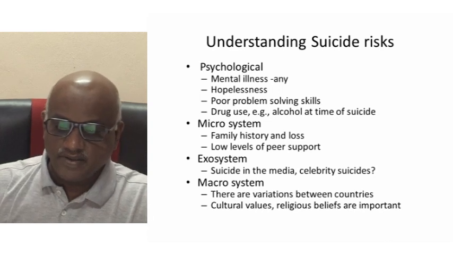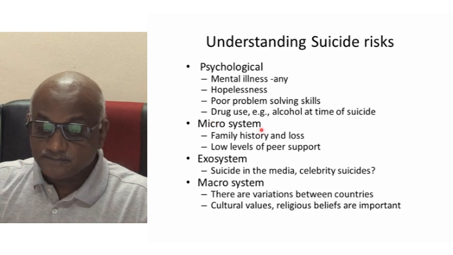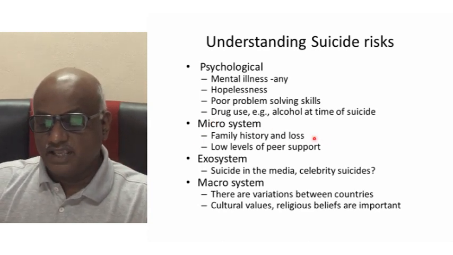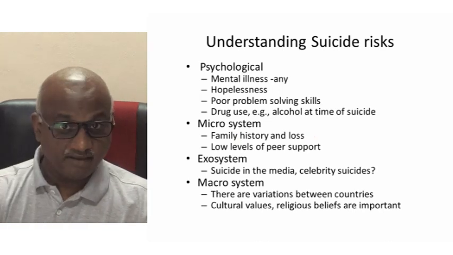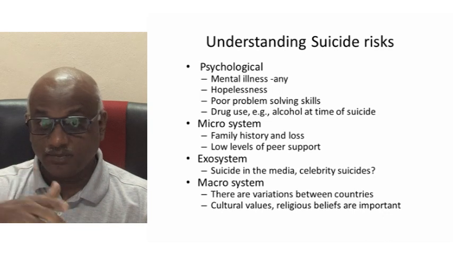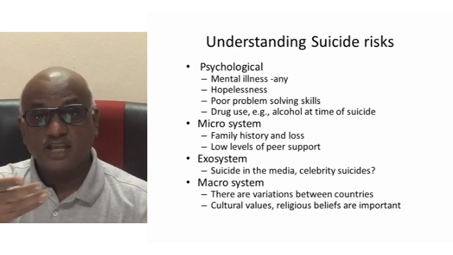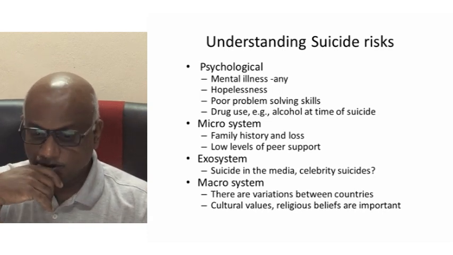Now we have done the psychological aspects, and now going to the microsystem things, family history and loss. If there is a family history of suicide, again, this can be a learned behavior. My father had a problem, my uncle had a problem, and they solved it by committing suicide. Maybe I should do that too. That could be one reason that family history can be useful.